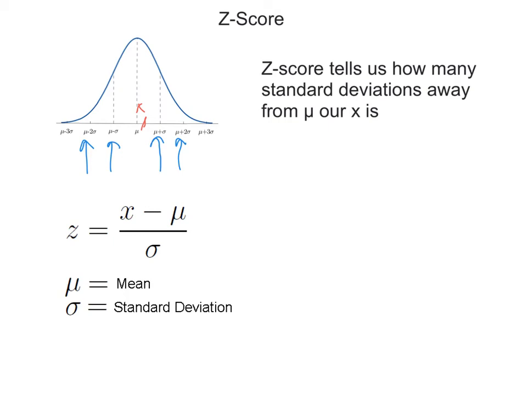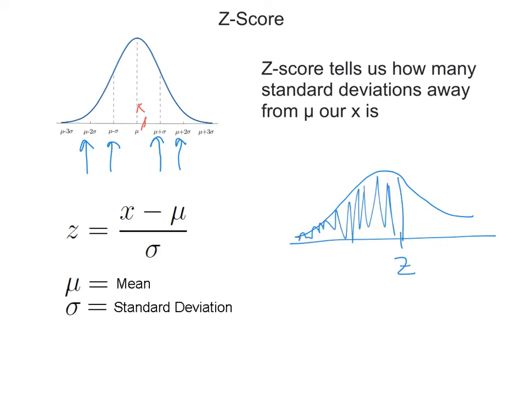Once you have your z-score, you can then turn to your charts in order to look up the area under the curve. As a reminder, the chart is always going to give you your area to the left of your z. The areas are not something you're expected to memorize.